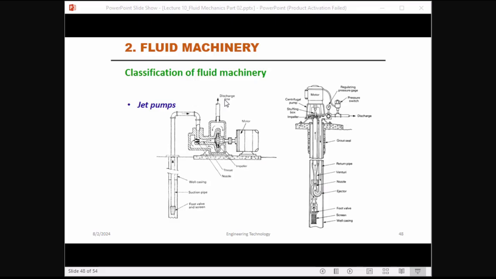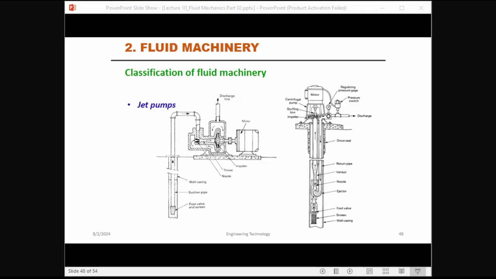This type of jet pump is designed to take high velocity.